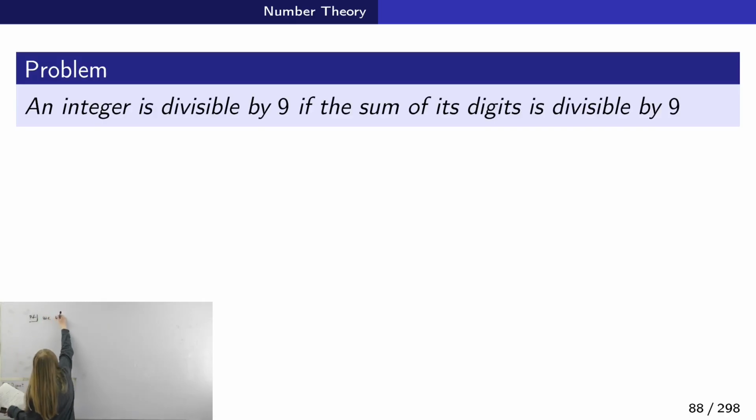We know that 10 is congruent to 1 mod 9. So P of 10 is congruent to P of 1 mod 9.